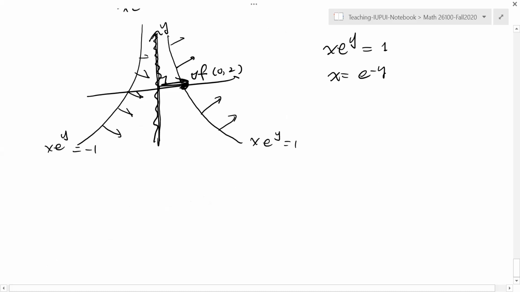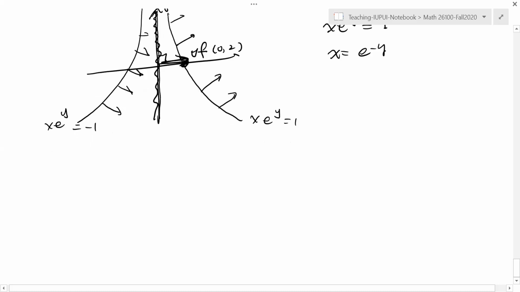Our next problem is about the maximum value of the directional derivative. First, we have to understand the meaning of the inner product, and then we can talk about the maximum value.